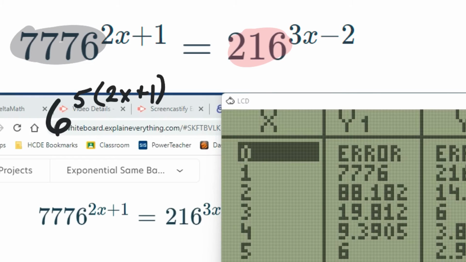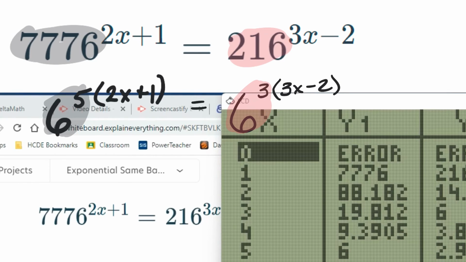So those add to those values there, and then 216 was 6 to the 3rd power. It's very important that we drop some parentheses up here to join these two exponents. So what we have is 7,776 is 6 to the 5th power, just as 216 is 6 to the 3rd power.